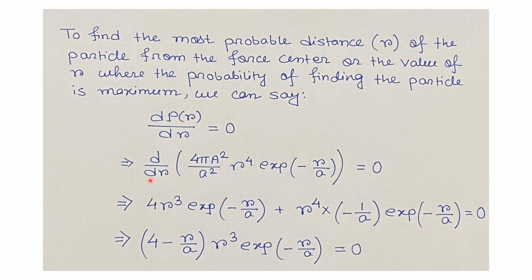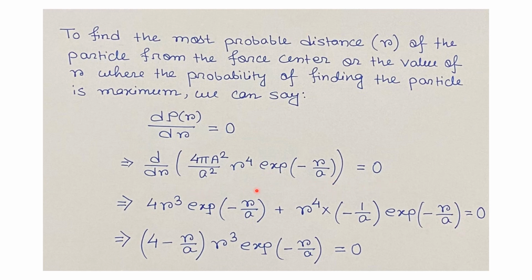So this will give d by dr of 4 pi A square divided by a square times r to the power 4 times exponential of minus r by a equals 0.